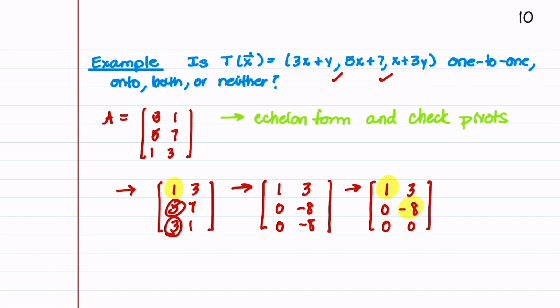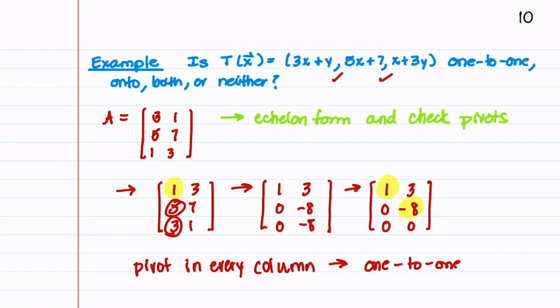And we can see that we have a pivot in every column. So that tells us that our transformation is one-to-one. However, we are missing a pivot in row 3.